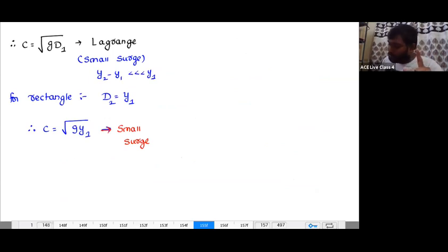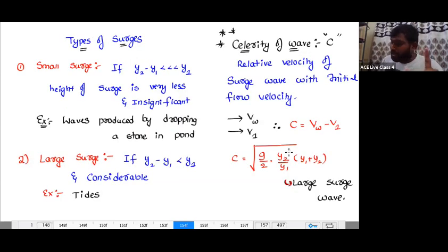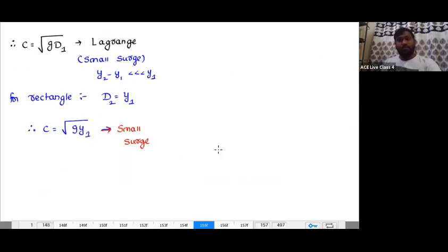Now please substitute. If I take y2 as y1, it will get cancelled: y1 plus y1 is 2y1, and 2 gets cancelled. Then what is remaining? Root of g y1. If you substitute this y2 as y1, then that is going to be the small surge wave.